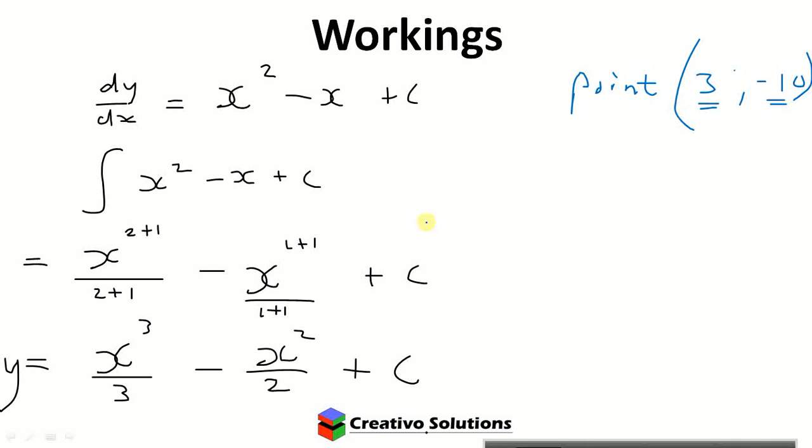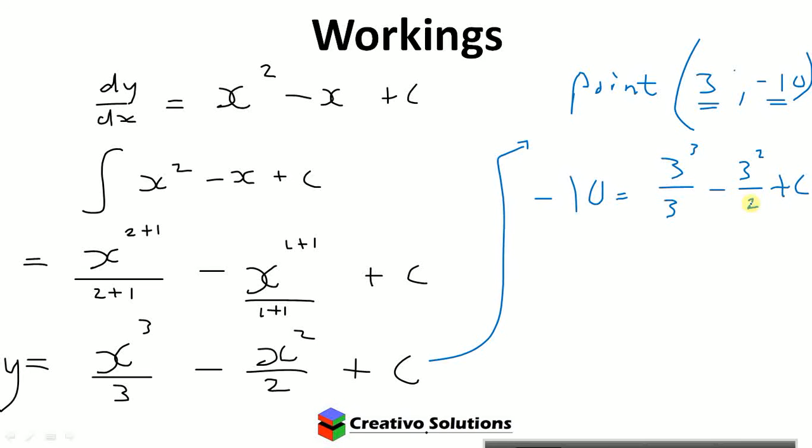So let's put that in: minus 10 equals 3 cubed over 3 minus 3 squared over 2 plus c. Can I solve for c? Yes. So let's work out c.